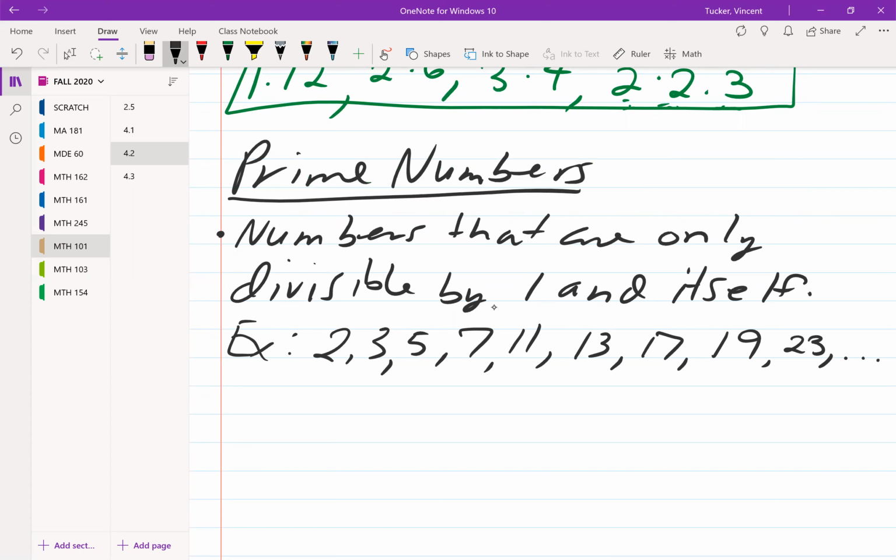Prime numbers go on to infinity. There's always a prime number that exists out there that's larger than the one that you know. So 2, 3, 5, 7, 11, 13, 17, 19, 23, and so on. Those are numbers that cannot be broken down any further. They're numbers that are divisible by only 1 and itself.